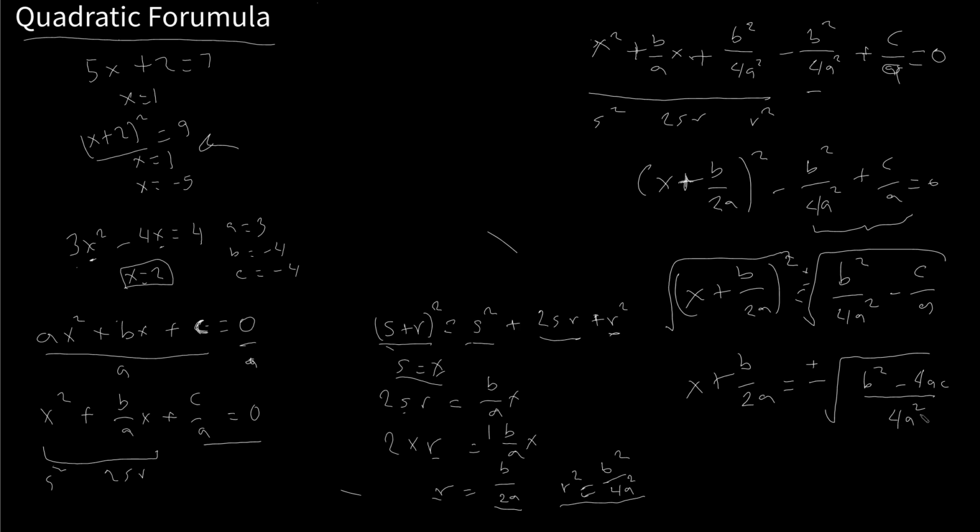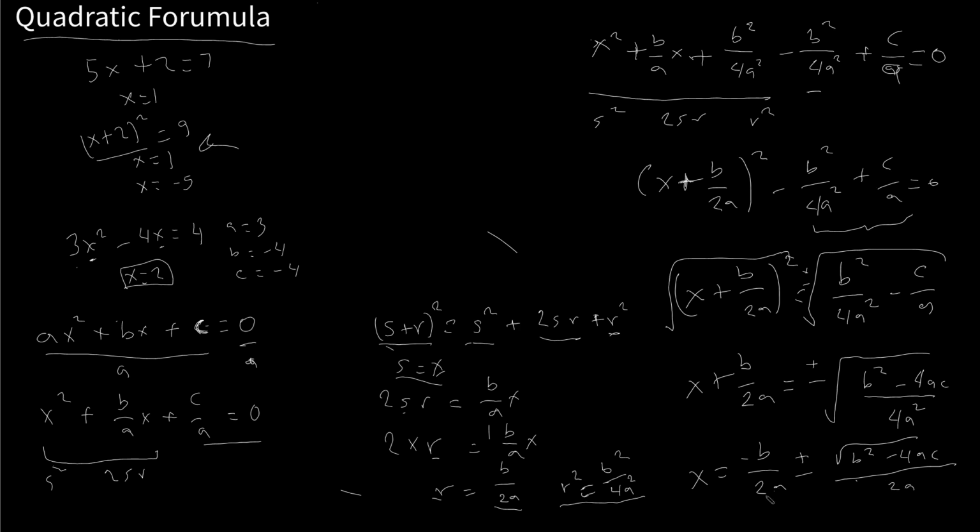And 4a squared is a perfect square, so then we can simplify this to x equals, let's move this to the other side, so negative b over 2a plus minus, the numerator here will remain square root of b squared minus 4ac, and the denominator becomes square root of 4a squared, that's 2a.